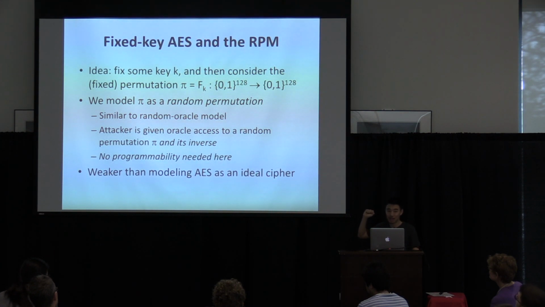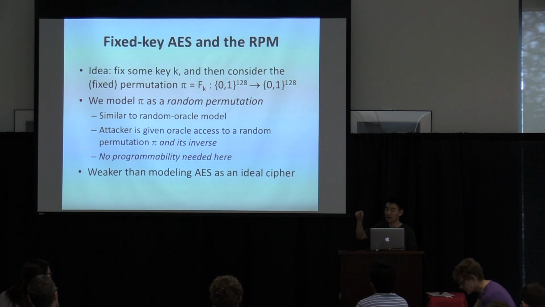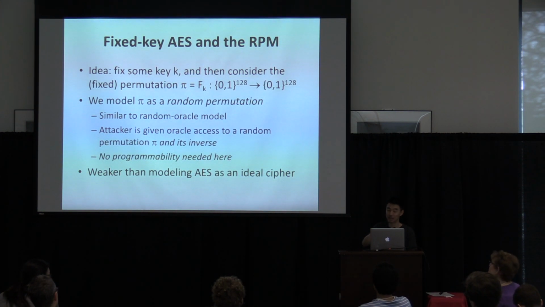The best attack distinguishing AES from an ideal cipher works only for 9 rounds of AES, and even that attack does not apply in the fixed-key setting. Also, in many cases when we use this random permutation, we do not really need to program it. So we're actually working in the so-called non-programmable random permutation model.